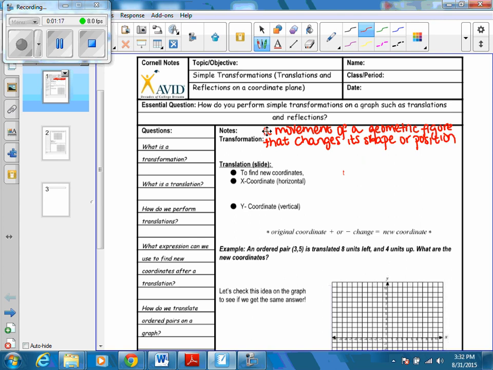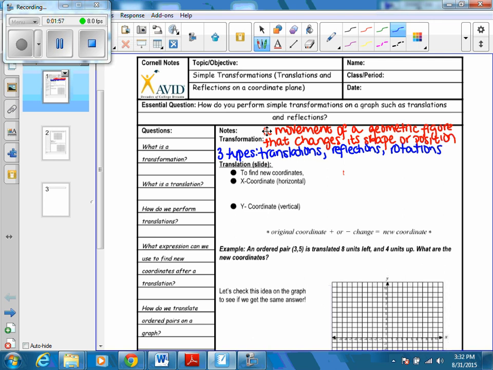All right, so there are going to be three types of transformations. Those three types are going to be called translations, reflections, and rotations. Okay, so we're only going to focus on the first two types, which are translations and reflections.